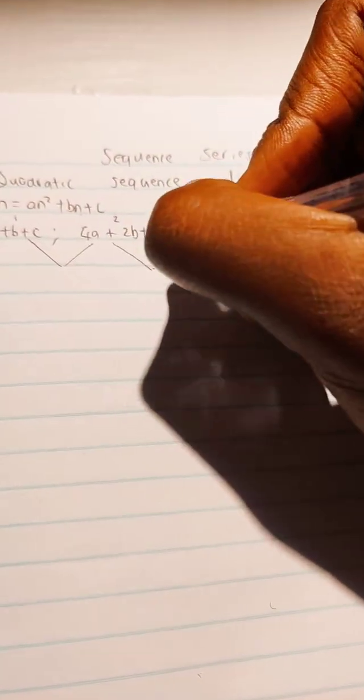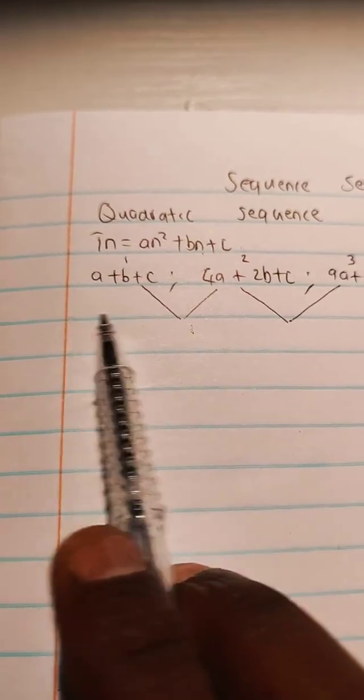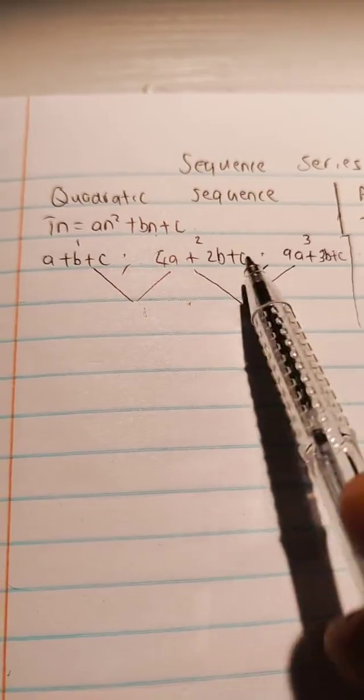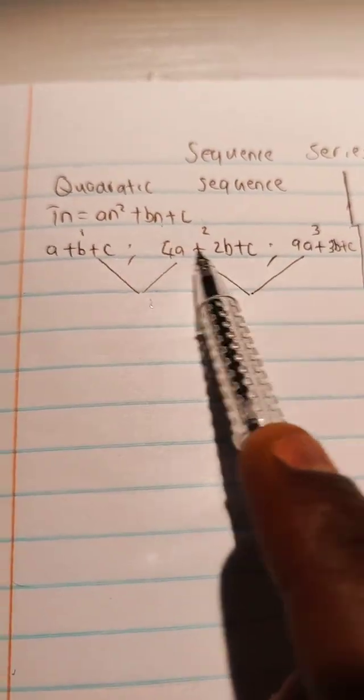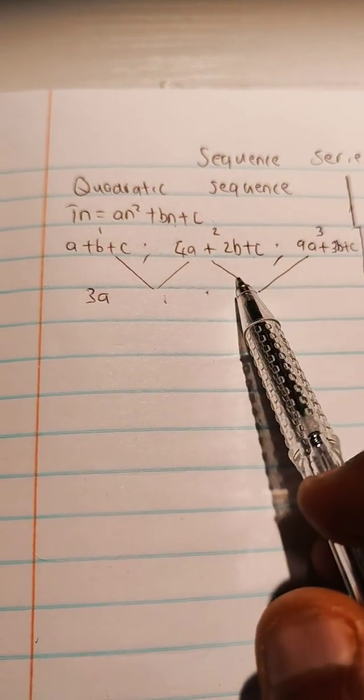If you then look at the first difference of your quadratic sequence, you take term 2 and subtract term 1. What's 4A minus A? That gives you 3A. What's 2B minus B?